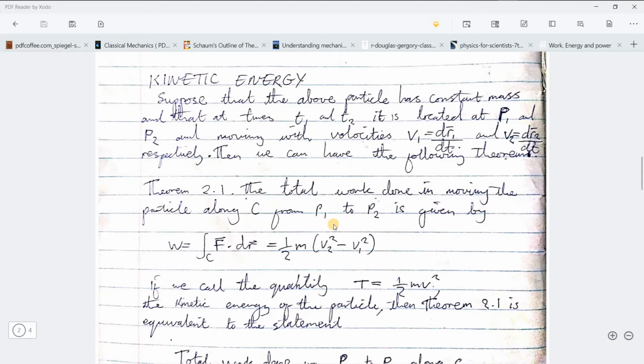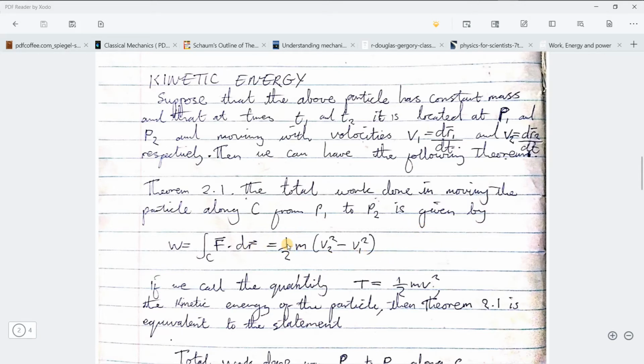So we can calculate the kinetic energy at point P1 and the kinetic energy of the particle at point P2. Taking the difference of those energies gives us the work done.